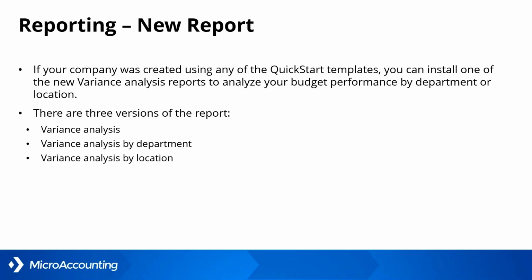With that, you can now install a couple of new variance reports that are available to you to analyze your budget performance either by department or by location. There's 3 versions of the report: a variance analysis by department, or a variance analysis by location report.